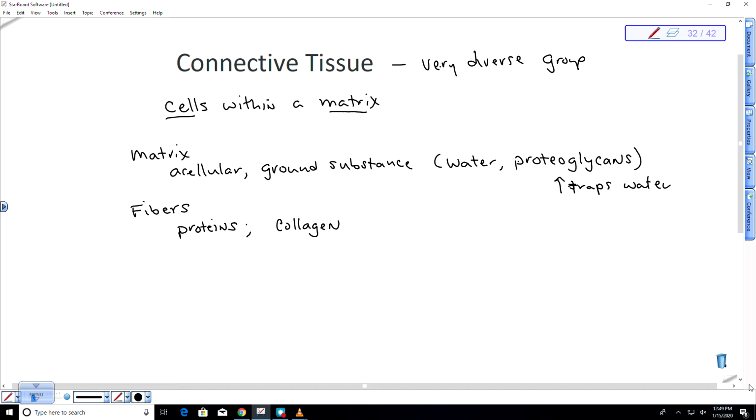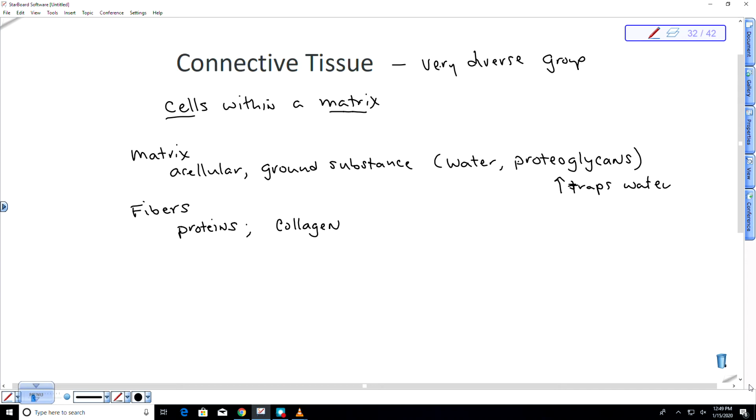So you might have heard of collagen injections underneath your skin, because the deeper layer of your skin, your dermis, is made of connective tissue, and it has lots of collagen fibers in it. As we age, we lose collagen, and so our skin begins to wrinkle and becomes less firm because of the lack of collagen.